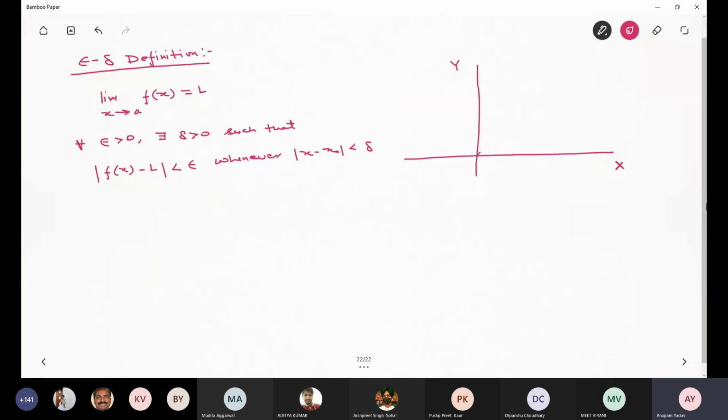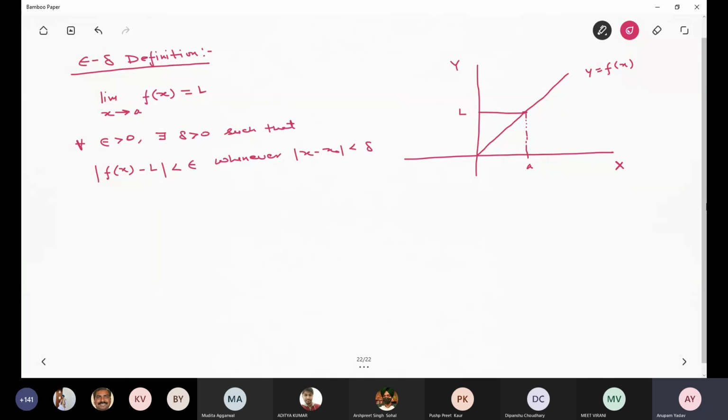Suppose this curve is y equals f(x), and this is the point A where we are evaluating the limit, and at the top of this point, suppose this value is N. Okay, so now listen carefully to what this whole scenario says.